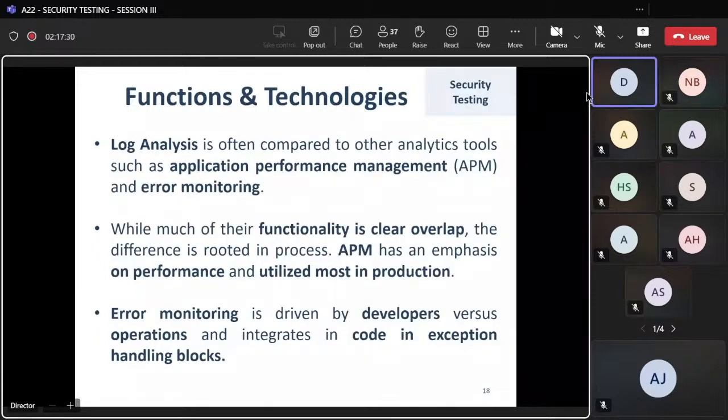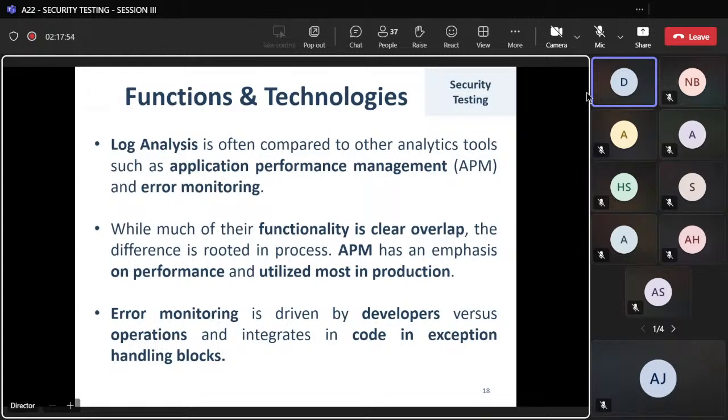In log analysis, this is also compared with other analytical tools, such as APM. APM is generally for specific application performance, not for specific threats in the environment. APM is only for application performance, how the application is performing. This can also be compared with error monitoring in that particular system.